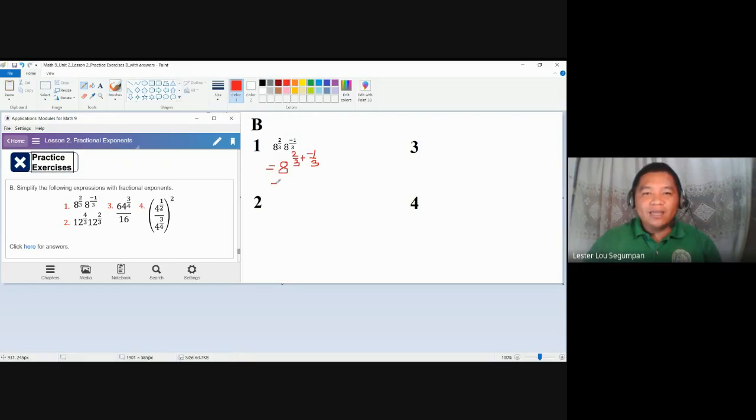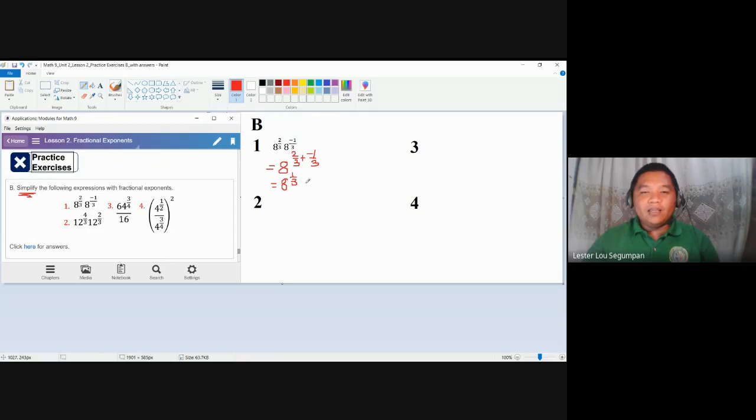So we have the same base here, 8, and we operate the exponent. 2/3 plus negative 1/3 is actually 1/3. So the combined form of item number 1 is simply 8 to the power of 1/3. Now, the goal here is not to find the combined form, but to simplify. In short, we will try to solve for the value.